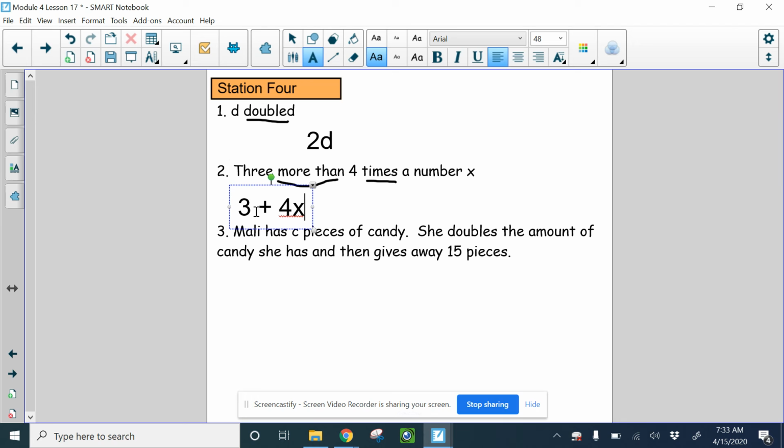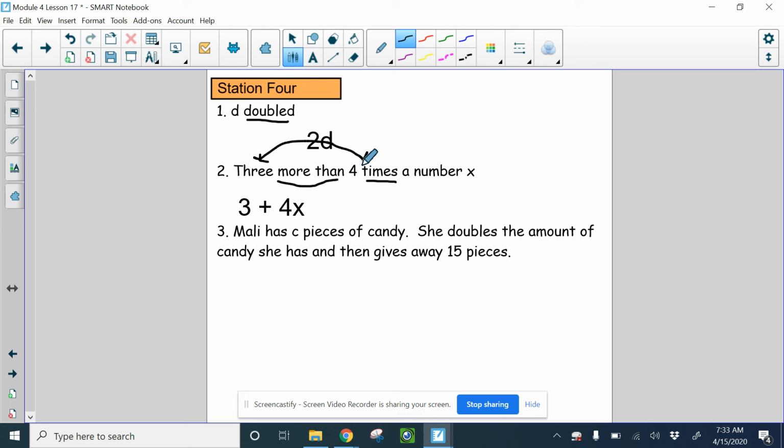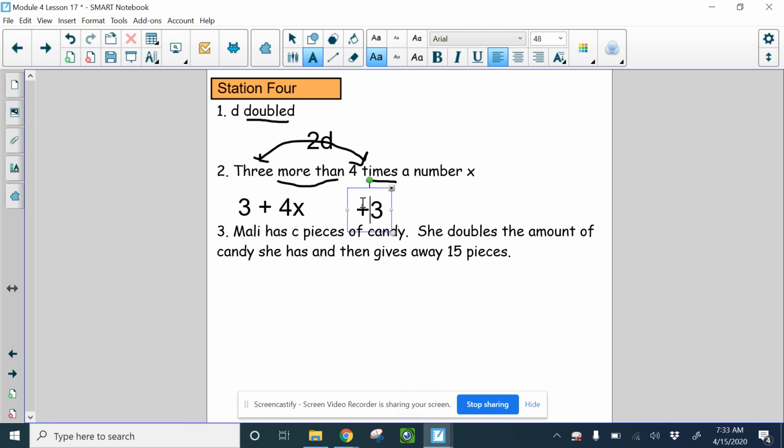So I could just say 3 plus 4x. However, more than is one of those turnaround words. So what I would actually want to do here is put the 3 in the back, and put the 4x in the front. But again, because of my commutative property, these would actually be the same exact expression.